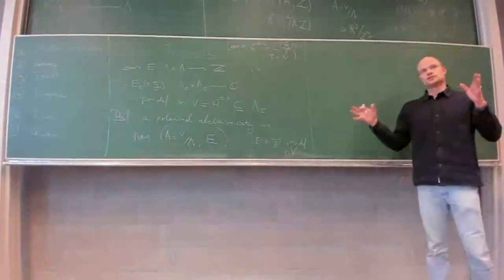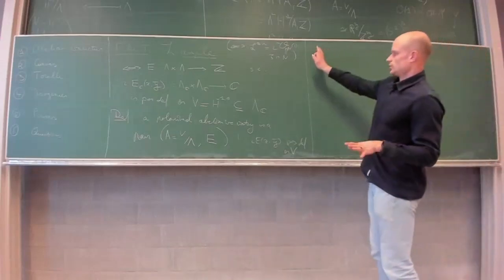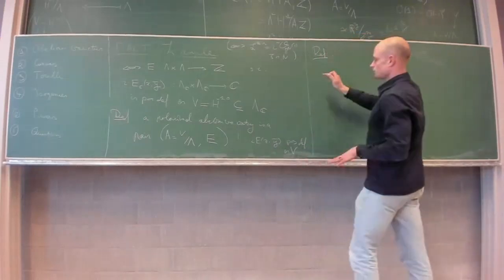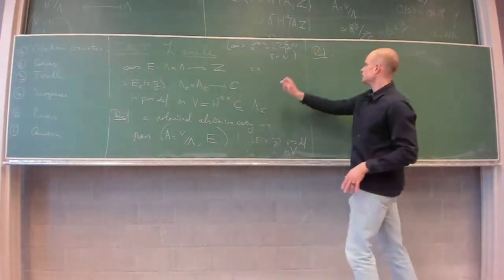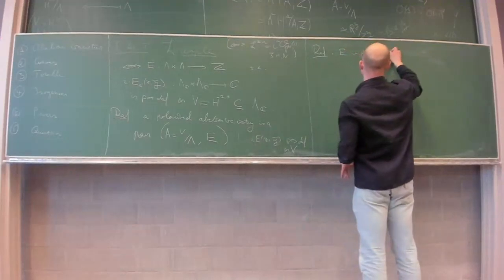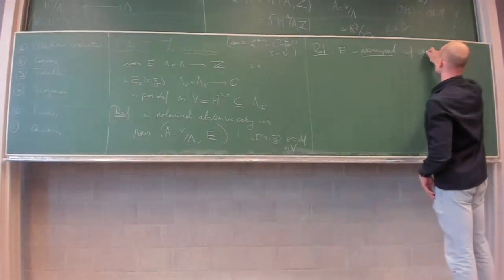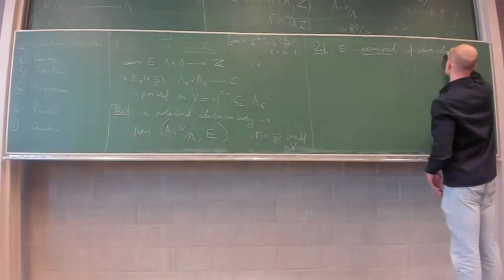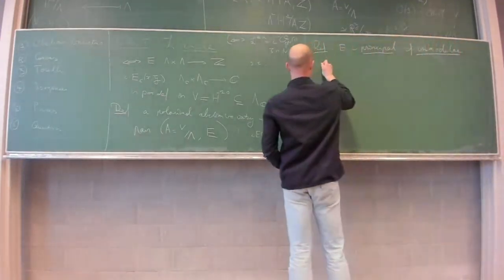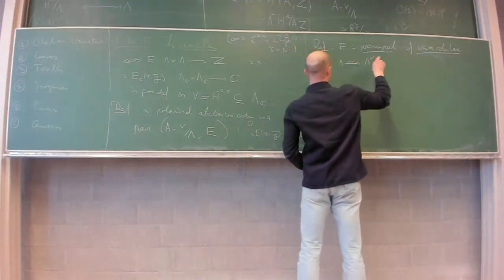But now we would like to have some kind of nice structure on the space of all the polarized abelian varieties. So maybe we also say that this polarization, E is called the polarization, we say that E is principal if it is unimodular, meaning that E defines an isomorphism between lambda and its dual.